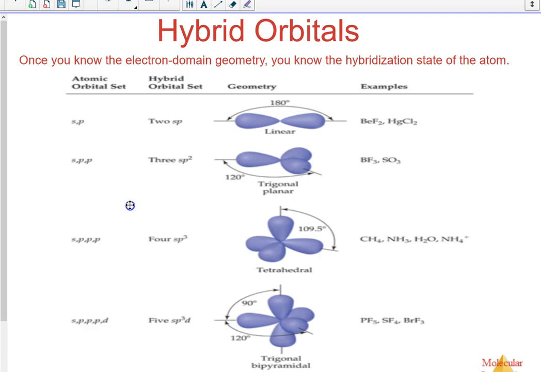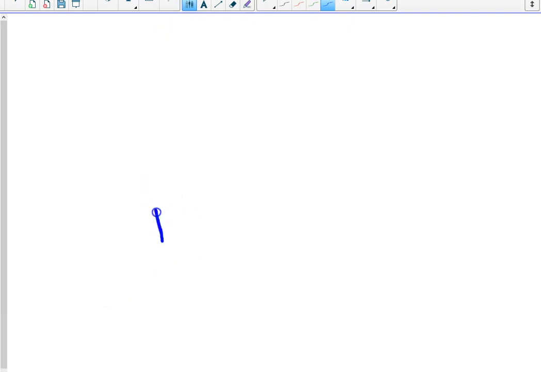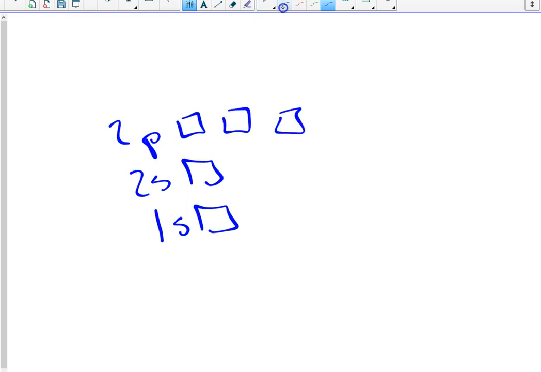Now, once you know the electron domain geometry, you know the hybridization state of the atom. Now this, do not even remotely draw everything on this slide. But this is how it works. And it's pretty simple because we just follow a pattern. When we talk about overlap, we have the 2S, 2P, and we've always been saying this could hold 2, this could hold 2, and these could hold 6, right?